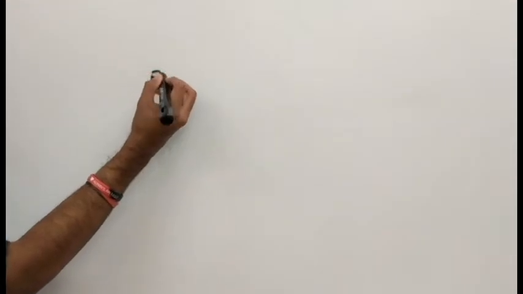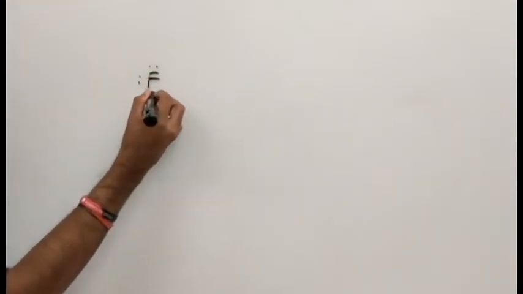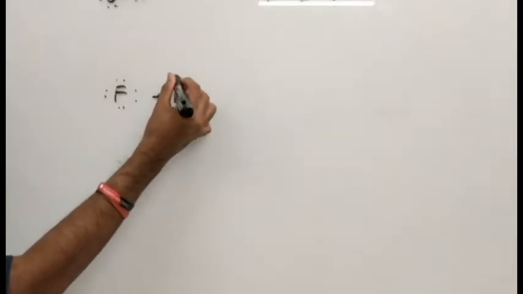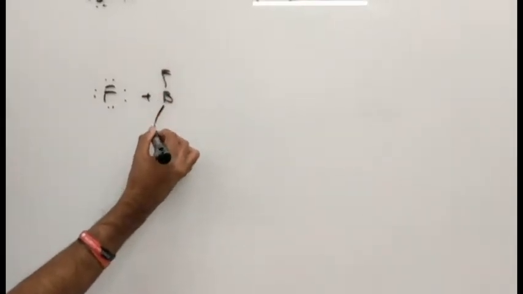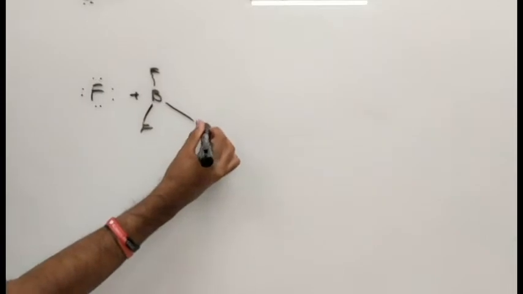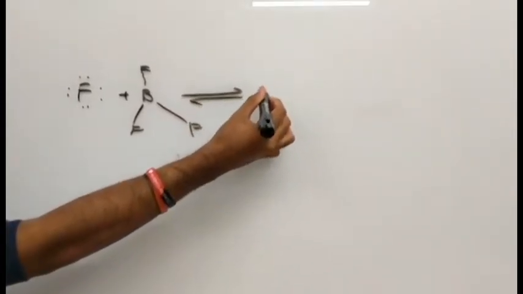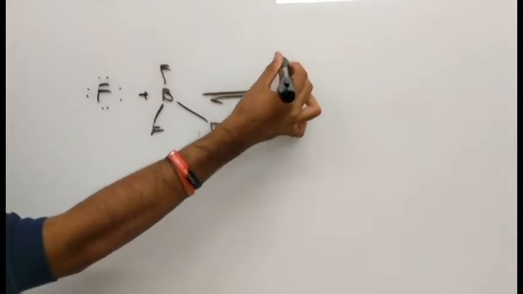So an example of a Lewis acid-base reaction would be the fluoride ion with boron trifluoride to form boron tetrafluoride.